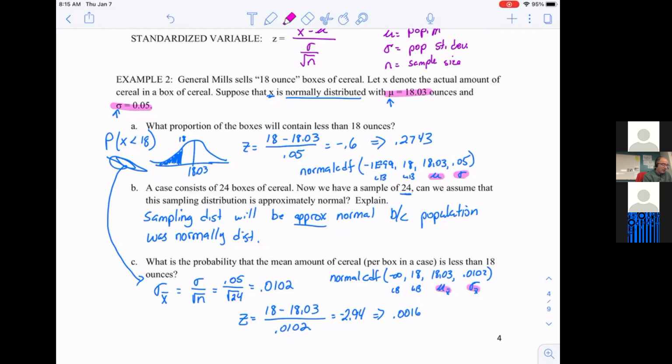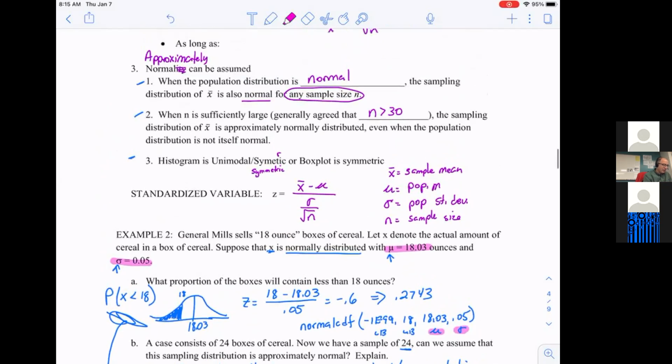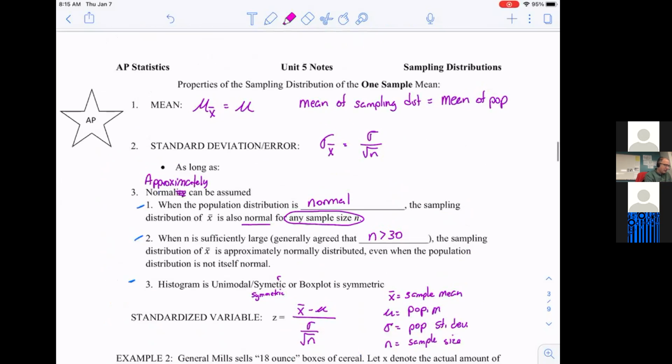Because of the central limit theorem, and we haven't gotten to the central limit theorem yet. Did we blow by that in the notes? Was that even in the notes? The central limit theorem says that the mean of my population is going to equal the mean of my sampling distribution.